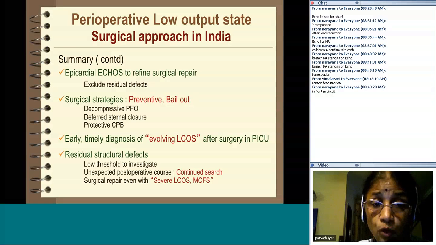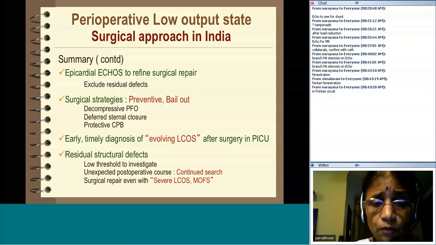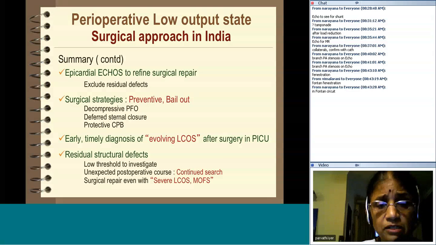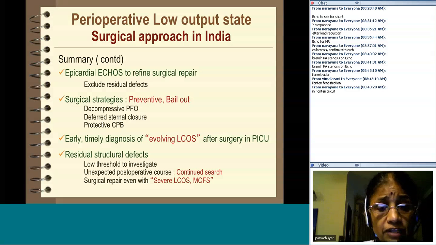And if you have an unexpected post-op course like that tetralogy, where he kept having features of left-sided dysfunction, you have to continue to search for some structural issue which can be easily and simply addressed. And even in the presence of severe low output and multi-organ failure like that Fontan, we should be prepared to go back to theatre. Sometimes, even if it's late, children do come out of it once the defect is repaired and fixed. Thank you very much.